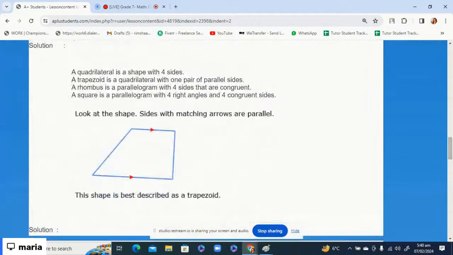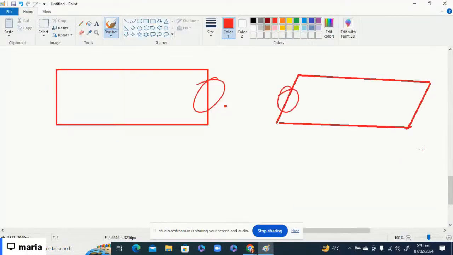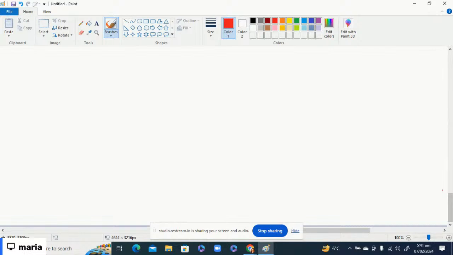Okay, what is the shape of the trapezoid? I'm going to draw here the shape of the trapezoid. So look at here. This is a shape of the trapezoid.